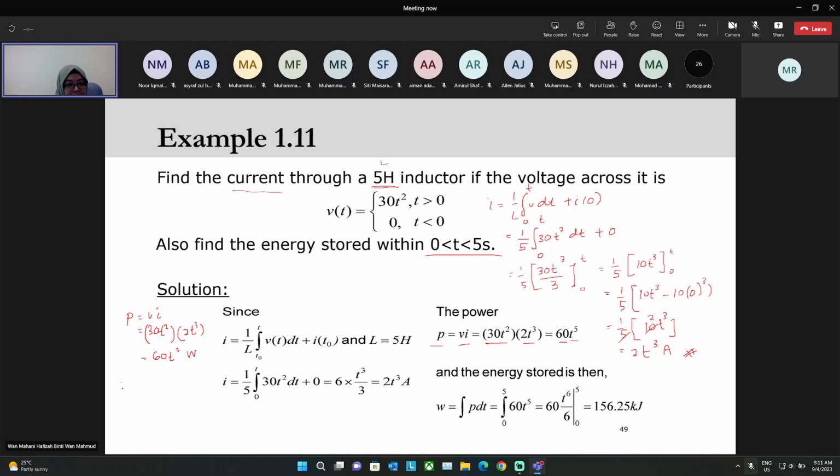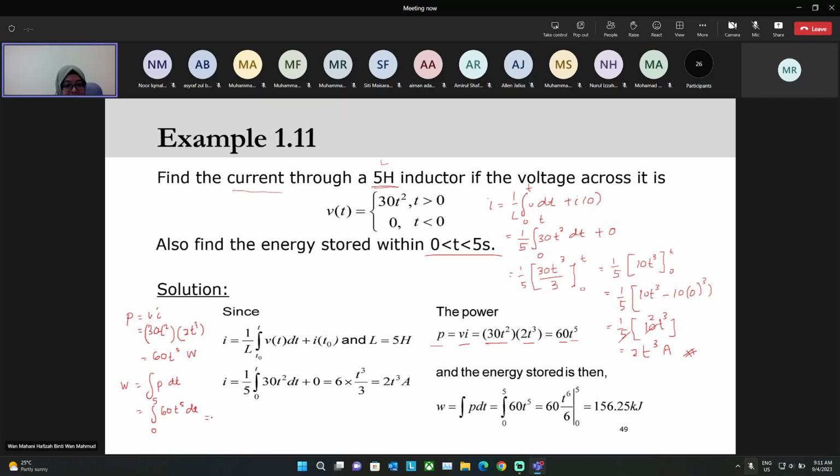Okay, bila you nak kira W, sebab sekarang ni dia minta between 0 to 5 second, W, general equation dia integration of P dt. So in this case, you have to integrate from 0 to 5, sebab you nak tahu berapa value dia dalam tempoh 5 saat ni. P adalah 60 T kuasa 5 dt.